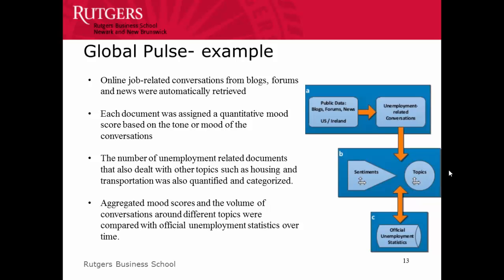And also, the number of unemployment-related documents that also dealt with other topics, such as housing and transportation, was quantified and categorized. After that, the aggregated mood scores and the volume of conversations around the different topics were compared with official unemployment statistics over time to see which factor has predictive power for the future unemployment rate.